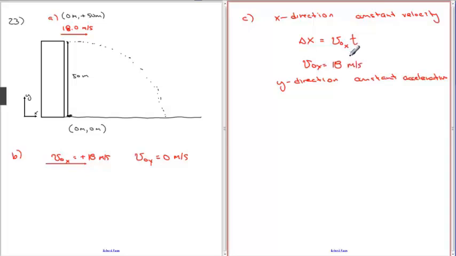And as far as the y direction is concerned, we have vy, which is the y velocity, is equal to the initial y velocity plus the acceleration in the y direction times time. So that's the equation for the y velocity as a function of time. So this is constant, and this turns out to be linear with time.